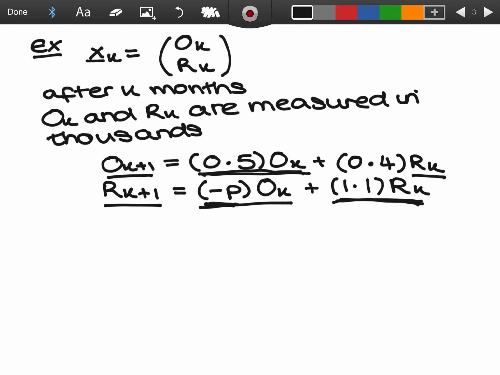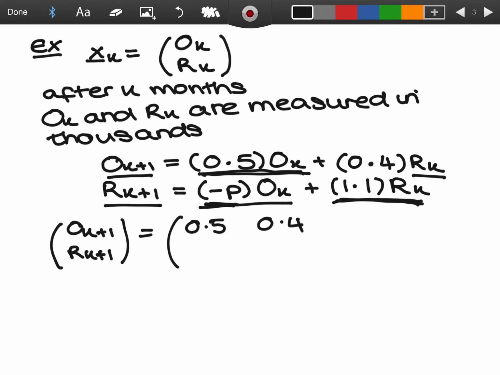So scientists go in and determine what the value of P is for that particular time, and they say, here is our matrix A. So what they're going to have is OK plus 1, RK plus 1 is equal to 0.5, 0.4, and then they're going to say that P is going to be 0.104 right now, and 1.1 times.